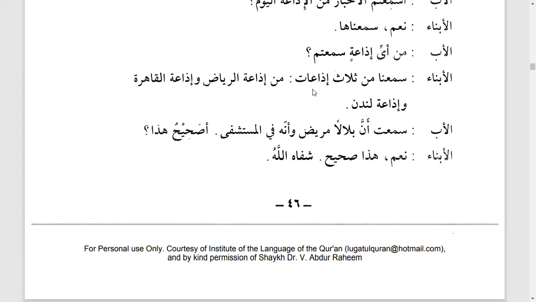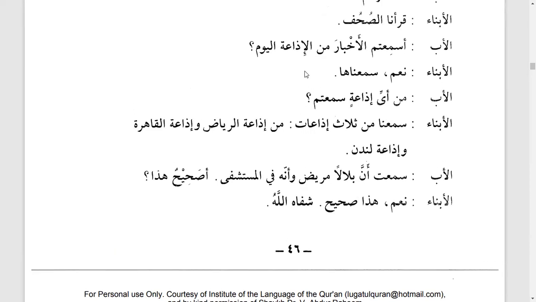And the ma'dud will be plural. From 3 to 10, the ma'dud will be plural. So that's why we have idha'atin. Idha'atun is a radio station, and idha'atun means radio stations. When we say min thalathi idha'atin, that is translated as from three radio stations.